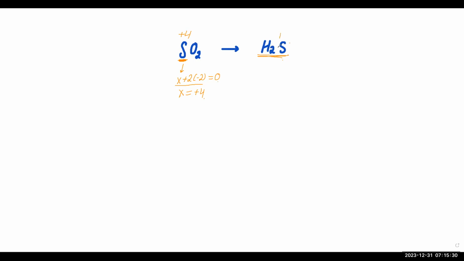You assume sulfur as X. Each hydrogen is +1 because they have combined with a non-metal, rule number 4. Plus 1 is multiplied by 2, right? There are 2 hydrogens, each +1. This is how you have to work. Shrihan, check rule number 4. The sum is equal to 0. So what is X? It is -2.